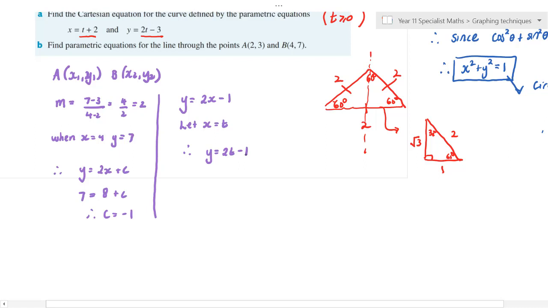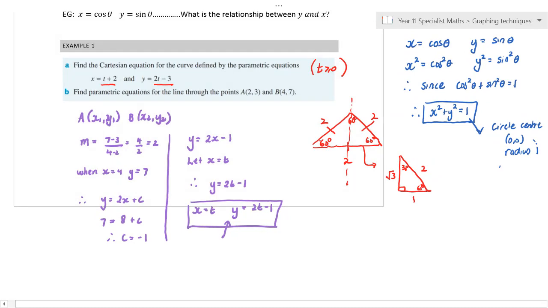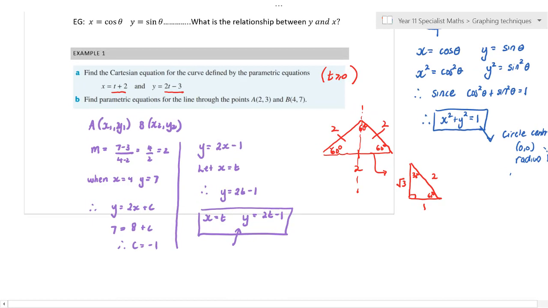So if x is equal to t, then y is equal to 2t minus 1, isn't it? Done. We've gone the other way, haven't we? Sometimes if we started with this, that would be nice and easy. It'd be easier, but that's slightly harder, a little bit harder concept to do.